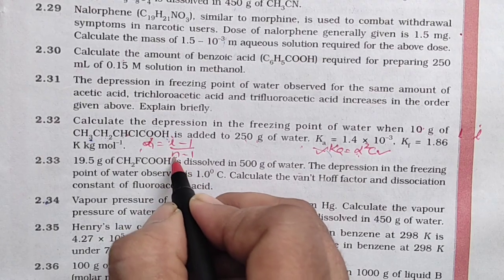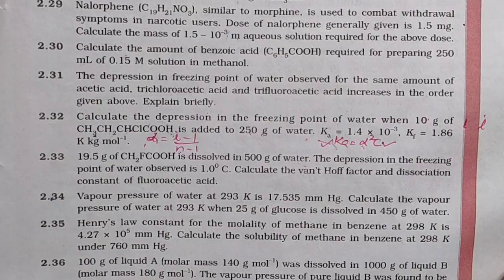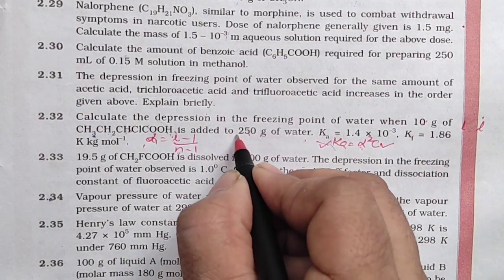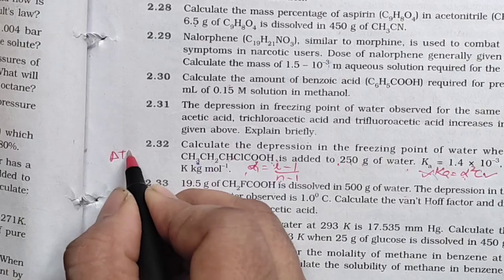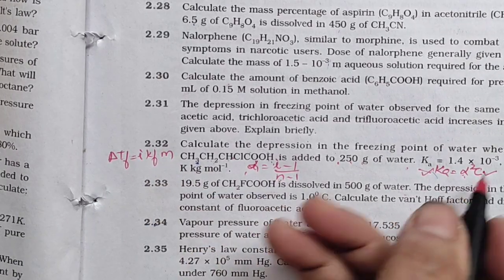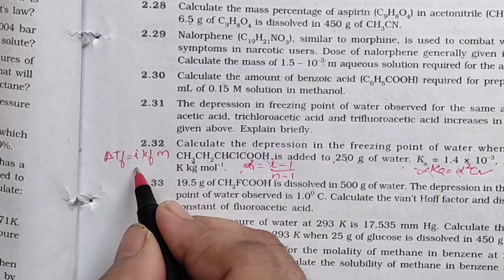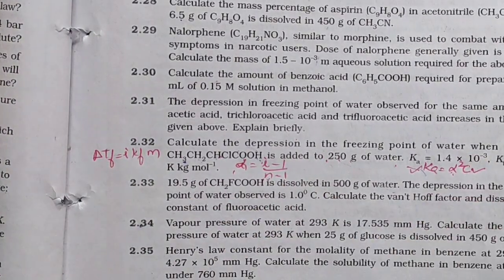Calculate i and then you put it in that normal formula of depression in freezing point, that is delta Tf. Delta Tf is equal to i into Kf into molality. Kf is given, substitute. i you have already calculated from here. m, molality, you can solve. Right?